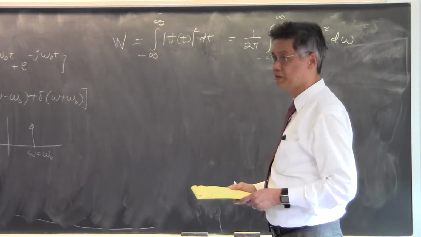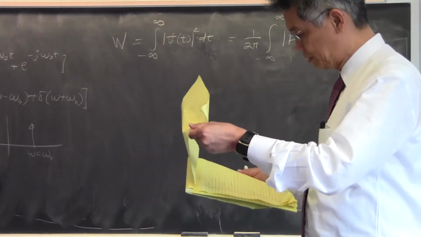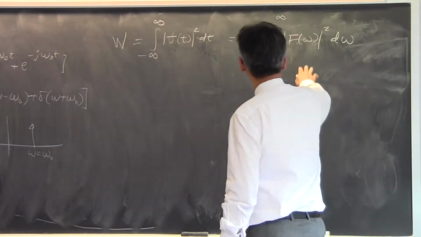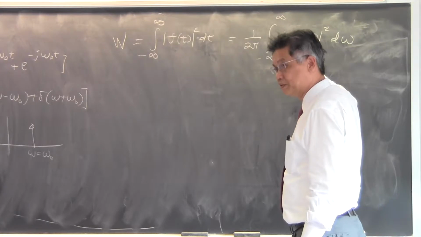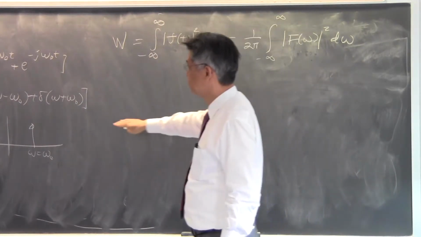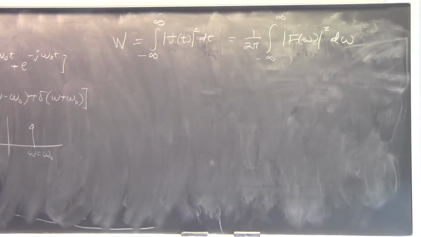That's Parseval's theorem, or Rayleigh's theorem. Because of this, if you have delta functions here and you square them, these delta functions will contribute infinite energy, but it has finite power at any given instant in time.